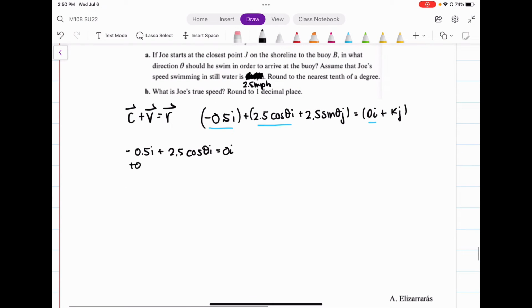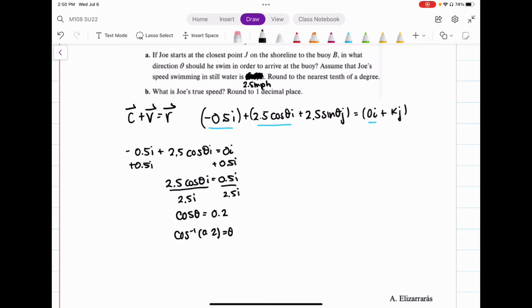Let's add 0.5i to both sides. I then divide both sides by 2.5i in order to isolate the cosine of theta. 0.5 divided by 2.5 is 0.2, and i divided by i is 1, which means that the inverse cosine of 0.2 needs to be equal to theta.